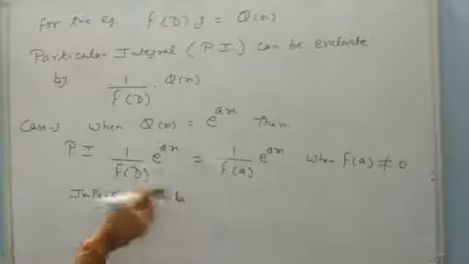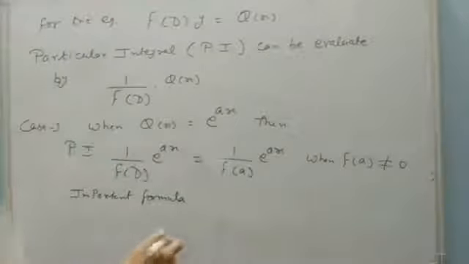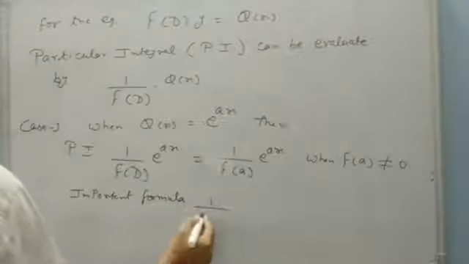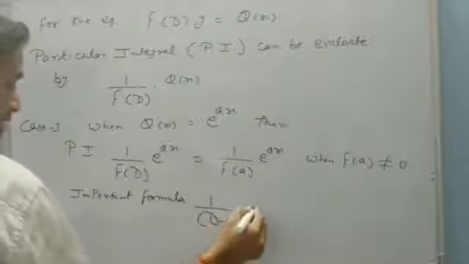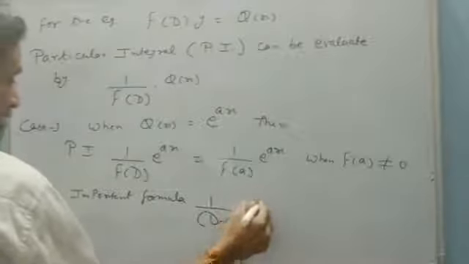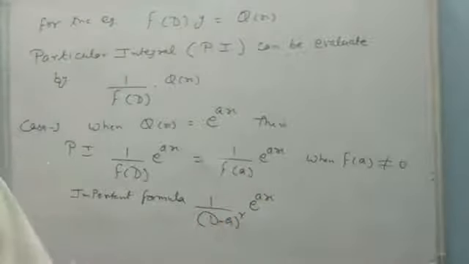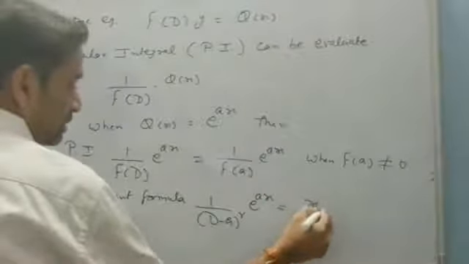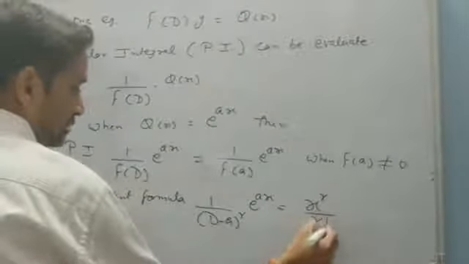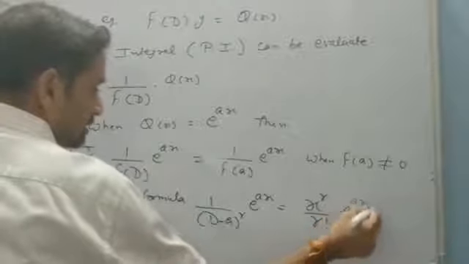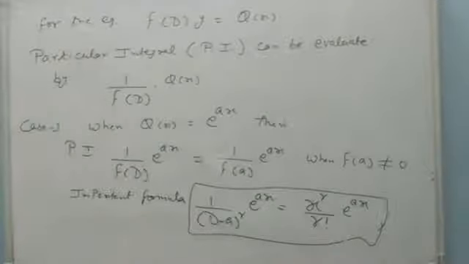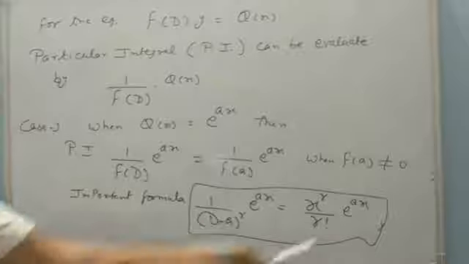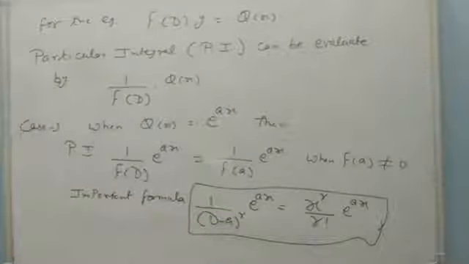You should always learn this formula: 1 upon D minus a to the power r of e to the power ax will always equal x to the power r upon r factorial e to the power ax. This is a very useful formula. You should always remember it. This will be applied when f of a is equal to 0. Then we will use it in a different way.